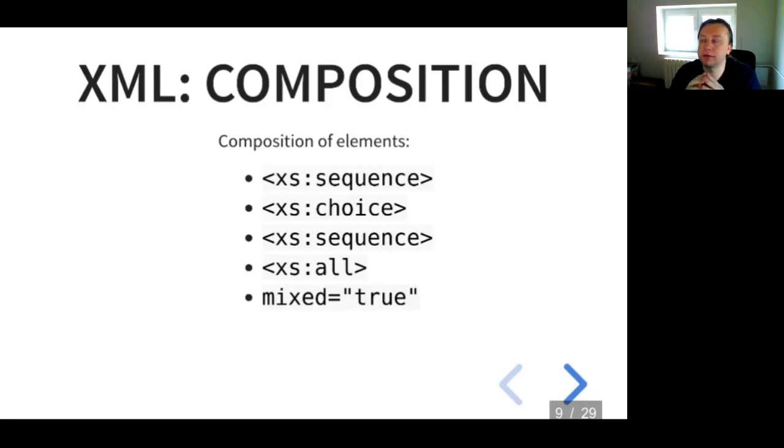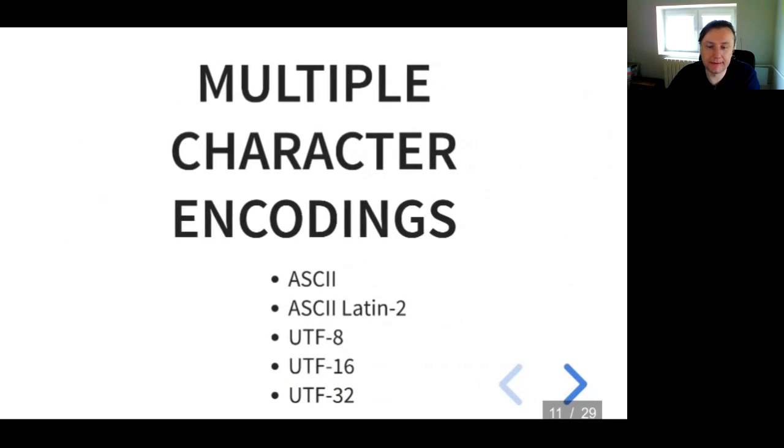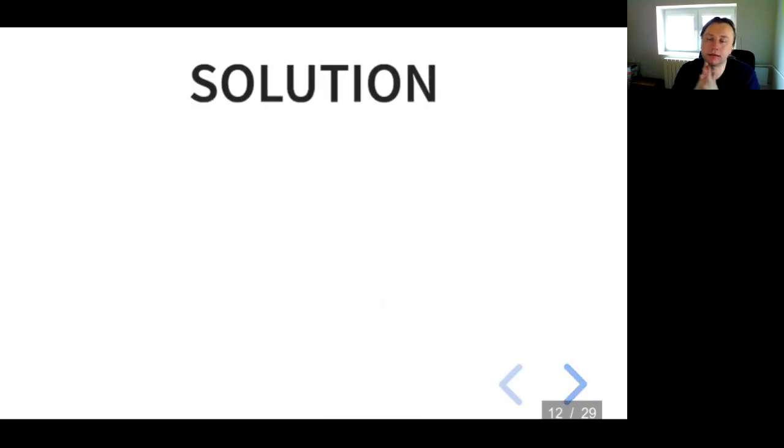And there is also a very special part, which is the subtrees that can freely intermix text and elements. That's what is usually used in HTML in the content. So you also have a lot of fancy distinctions, like between flat types and tree fragment types, right? There is also permission to use many character encodings. That makes the problem of parsing an XML document relatively hard compared to other formats.